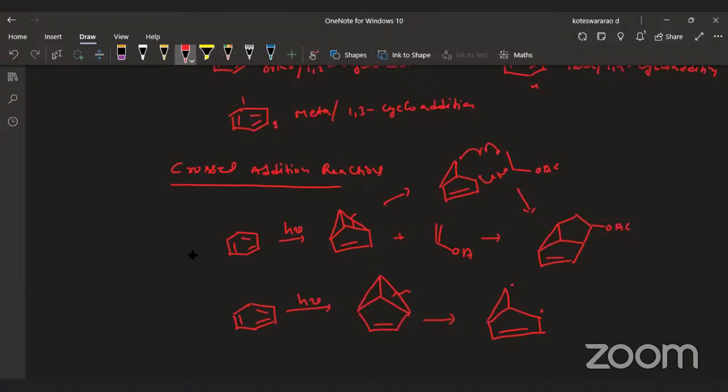This biradical further undergoes the addition with the CH, CH3.